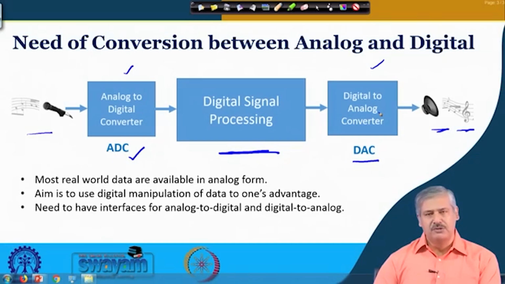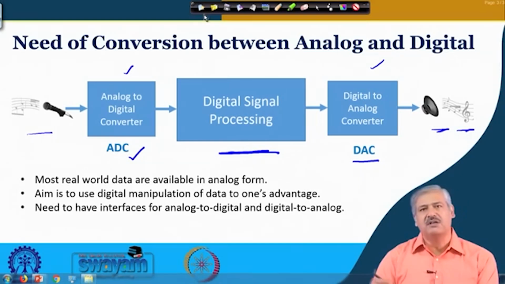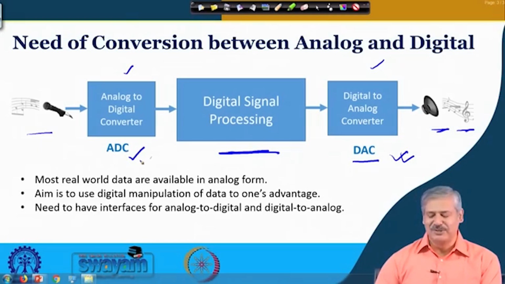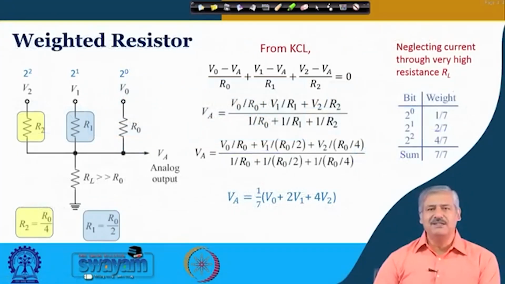In this week we shall look into them. We will begin with digital to analog conversion. Later we shall take up ADC, because within ADC somewhere a concept of DAC is already there, so it is better that we start from DAC. Now, let us see how we can get a digital to analog conversion done.